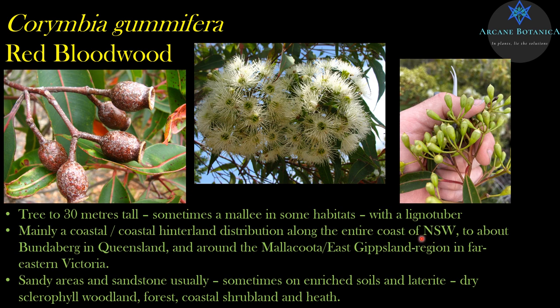You might get some little gaps here and there, but if you go from the Victorian border to the Queensland border, stick to the coastal and coastal inland areas. It's a very common tree. It goes to about Bundaberg in Queensland, and it's confined to sort of far eastern Victoria, around this region here, East Gippsland.